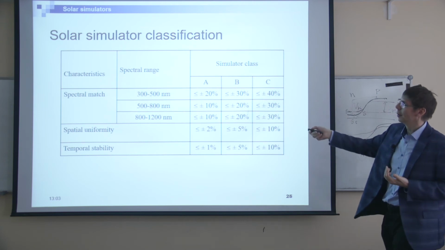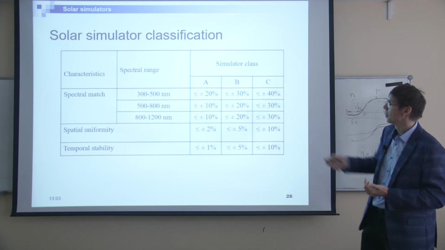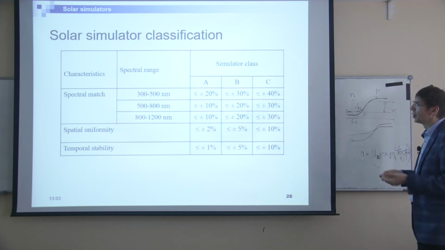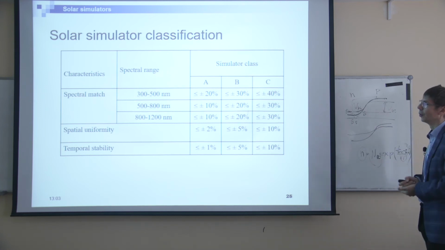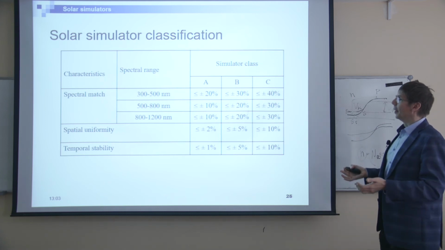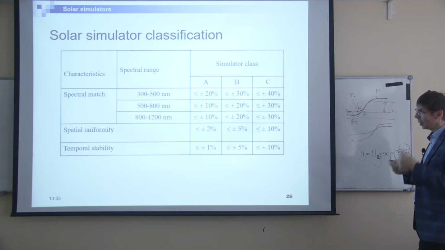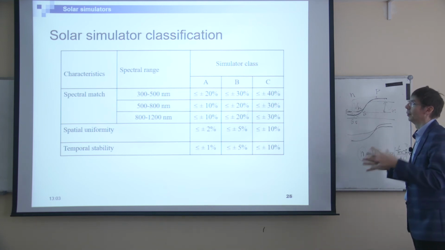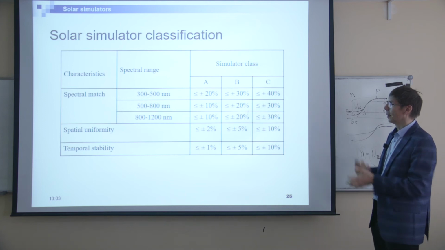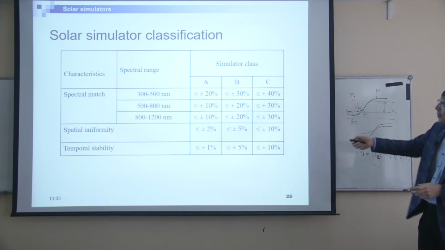For example, A, B, B means that you have a nice spectral match, but non-ideal uniformity and temporal stability. So the best simulator is the class AAA, and it's quite usual, you can find it, but then you have to pay attention to the illuminated area, because as I will show you, it's more or less easy to get the spectral match.